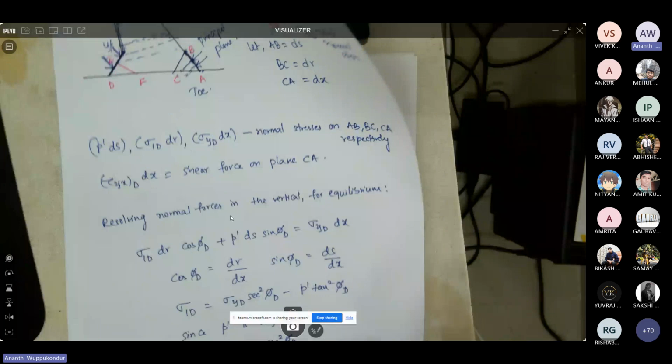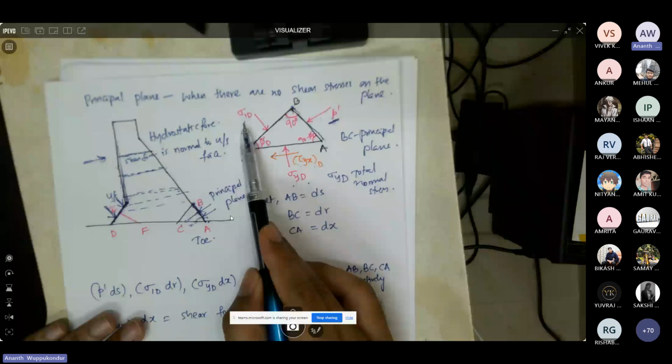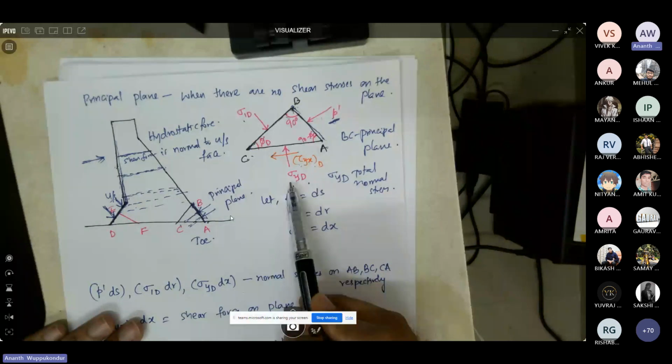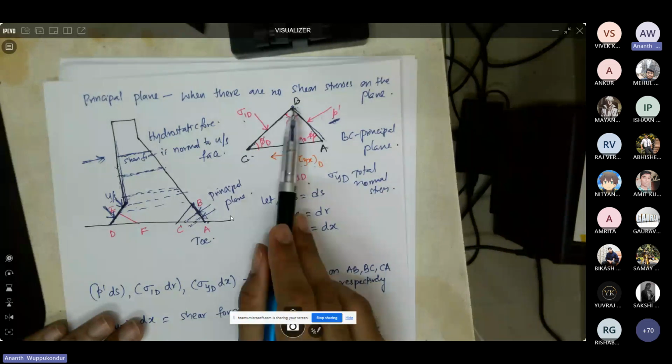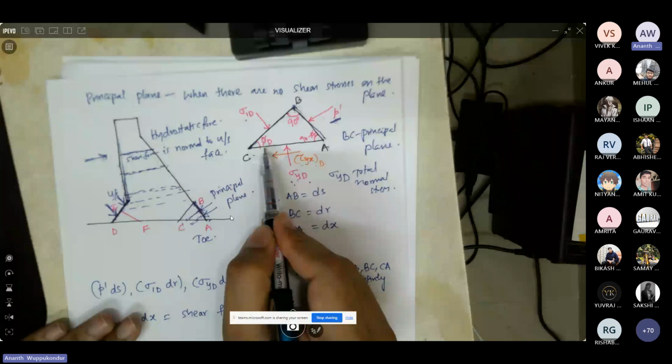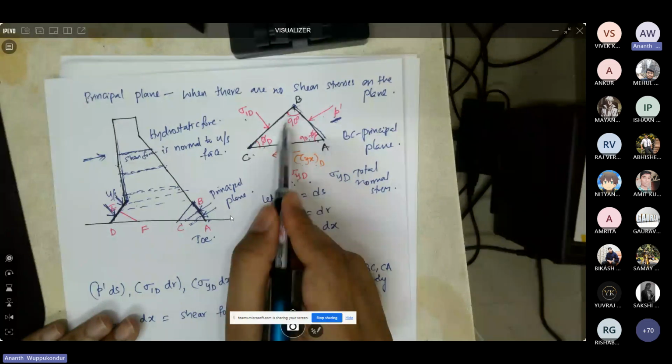So looking back at this picture, you have sigma 1D, P prime, and sigma YD. And what we want to do is to equate these forces in the vertical. So we have to resolve these forces in the vertical direction first, and then try to equate them. And the angles I have shown here are of the triangle. So based on these angles, we resolve these forces in the vertical direction and then equate them.